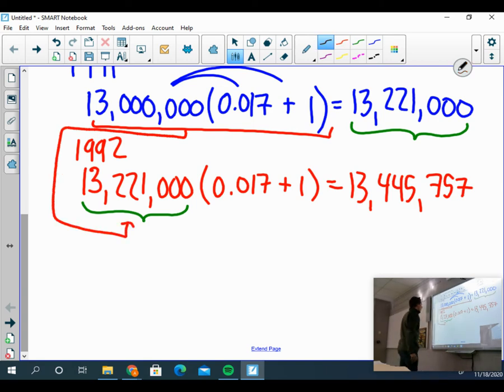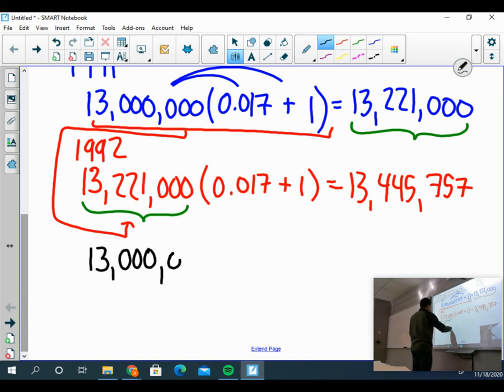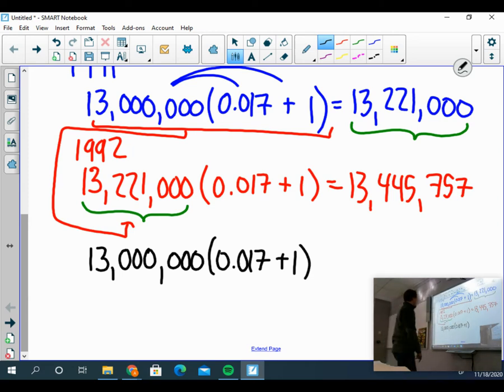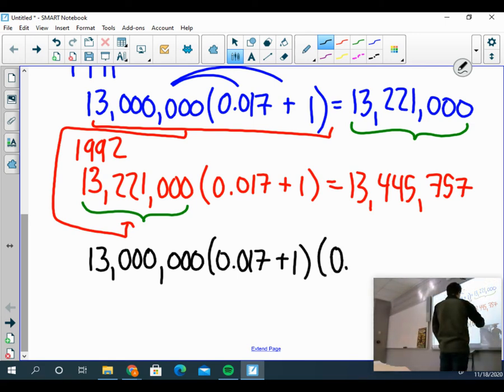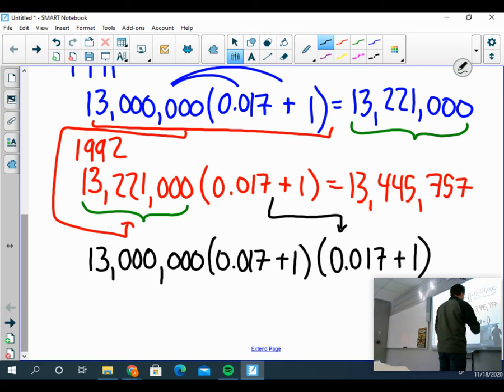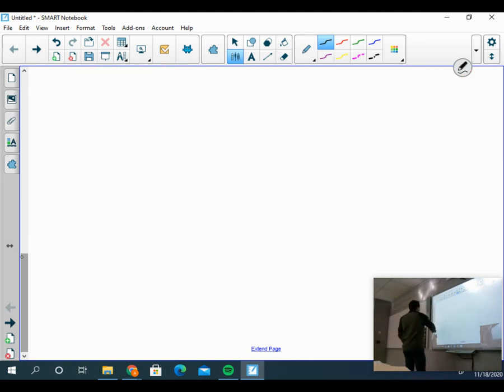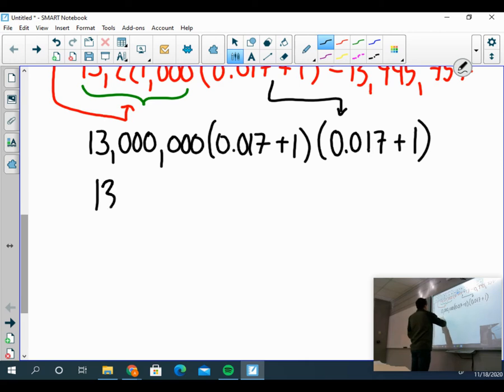Now again, if you're like, why in the world are you doing this? Just hang with me. I promise it'll make sense in a second. Again, this concept is based on substitution. So I'm substituting the 13 million times 0.017 plus 1 in for the 13,221,000. And then again, I still have this 0.017 plus 1. But what I notice now is I have a 0.017 plus 1 written twice, and we've been learning all of chapter 8. If you have something multiplied by itself, rewrite it as an exponent.